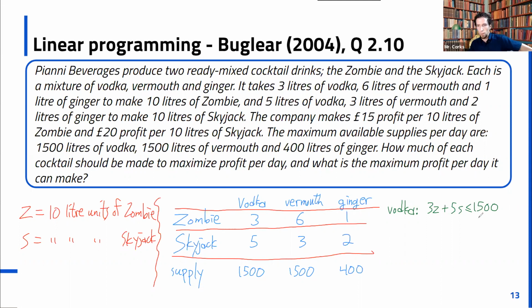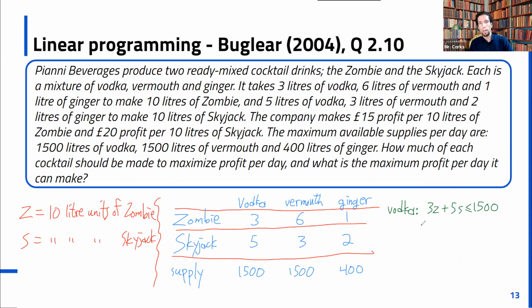It's 1,500 liters. And so based on that, these two different mixed drinks that the company is making, that's how we are using up that supply. One unit of Z takes 3 liters.